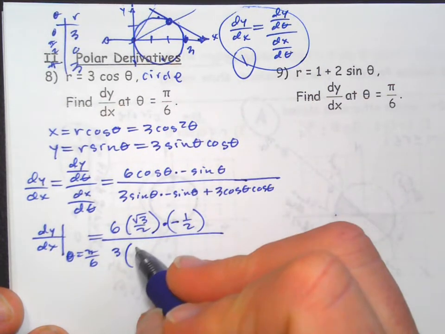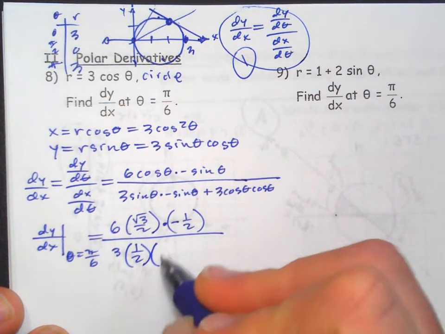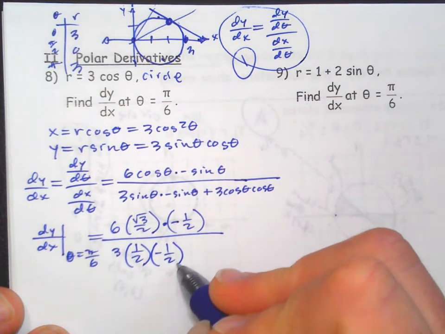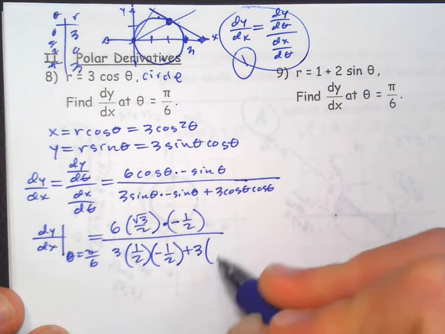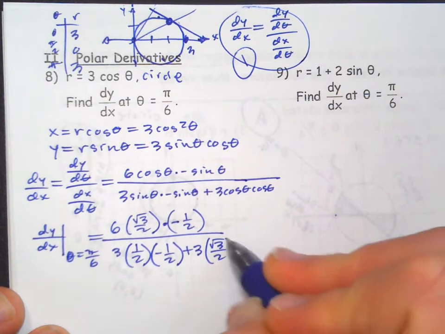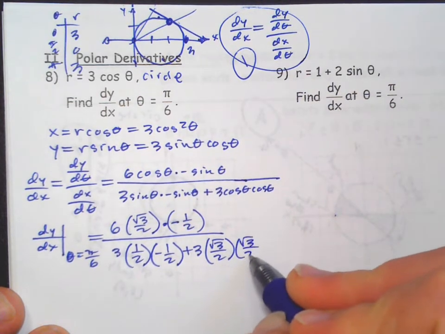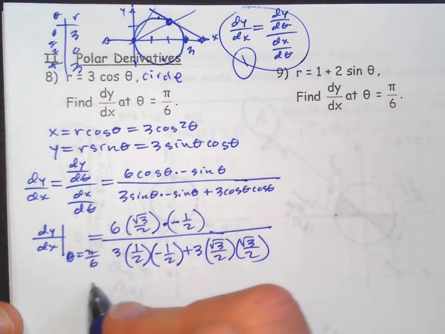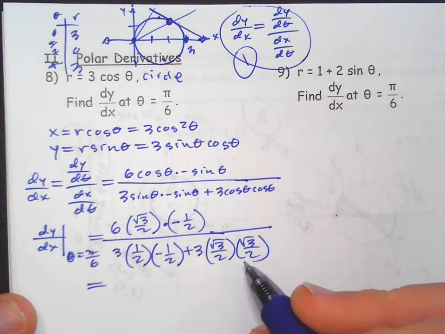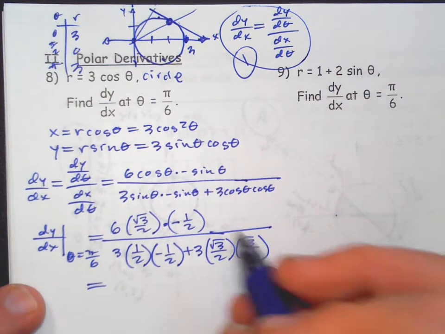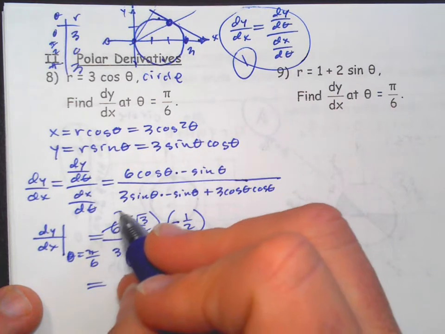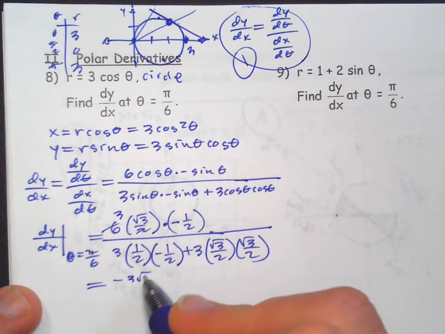And sine pi over 6 is 1/2. And cosine of pi over 6 is root 3 over 2, and that's root 3 over 2. So let's see. Negative 3 root 3 over 2 on the top.